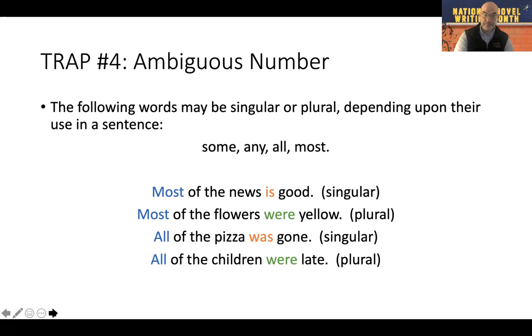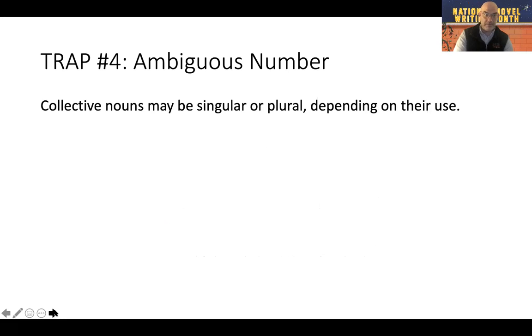Okay, so look back here, ask me anytime you get in this situation. It can be a little tough to decode what you're dealing with here, but if you just remember some, any, all, or most of what, ask yourself, is the what singular or plural? That will give you your verb.